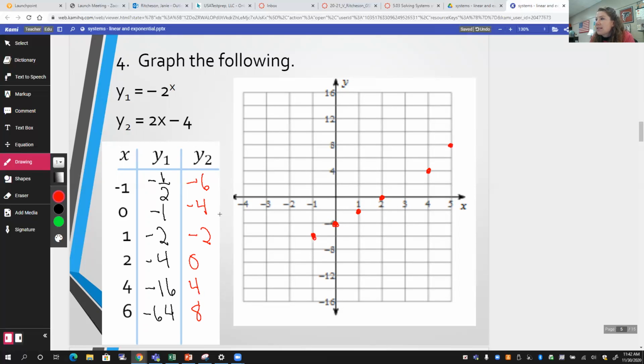Oh, that's not a 6, that's a 5. Just kidding. Right there. Let's get rid of this one. All right, so then we're going to connect those dots. We get a nice straight line.